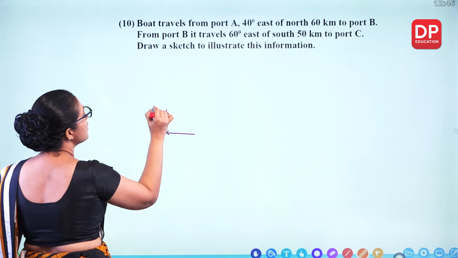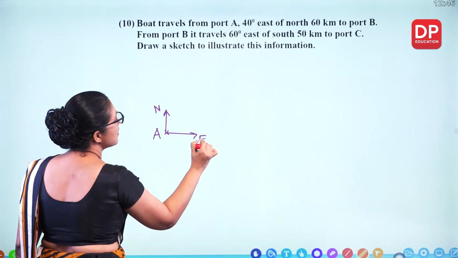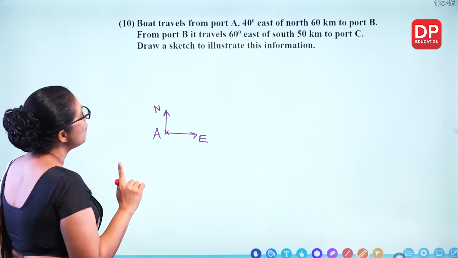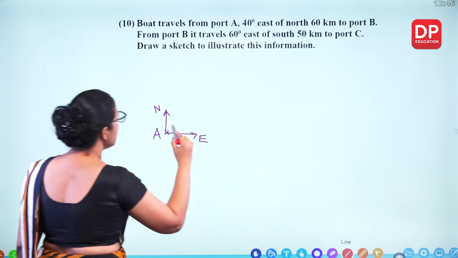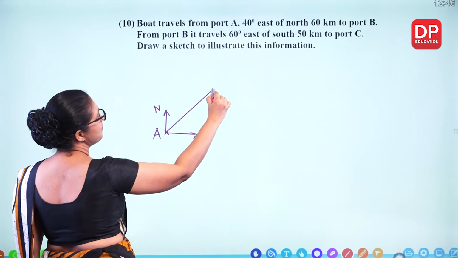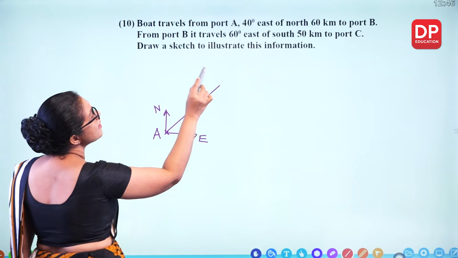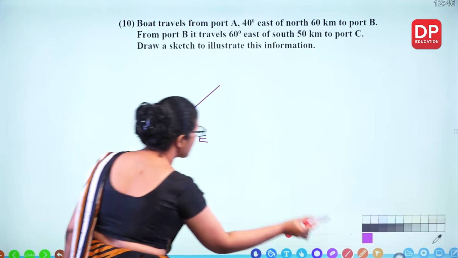So this is north, this is east. What's the angle? 40 degrees east of north. 40 degrees somewhere here. We'll say it's 60 kilometers.